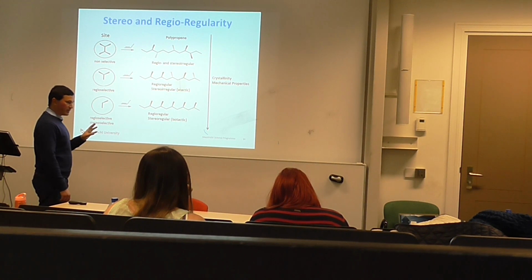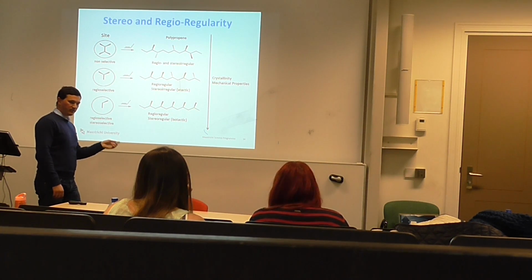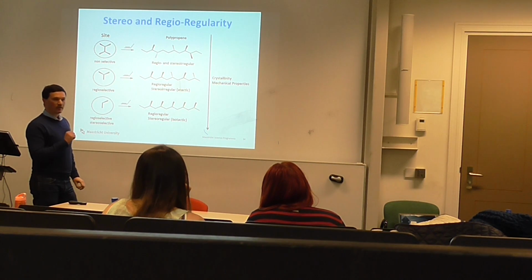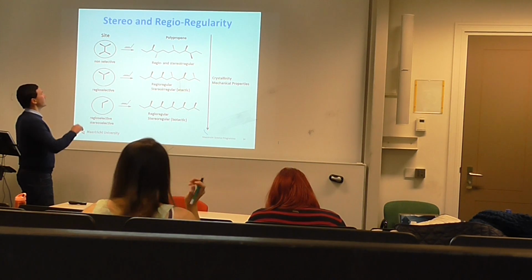If your olefin is coordinated once with the Si face, once with the Re face, with the methyl group pointing always up, then it's going to be syndiotactic. We will see this later on anyway.